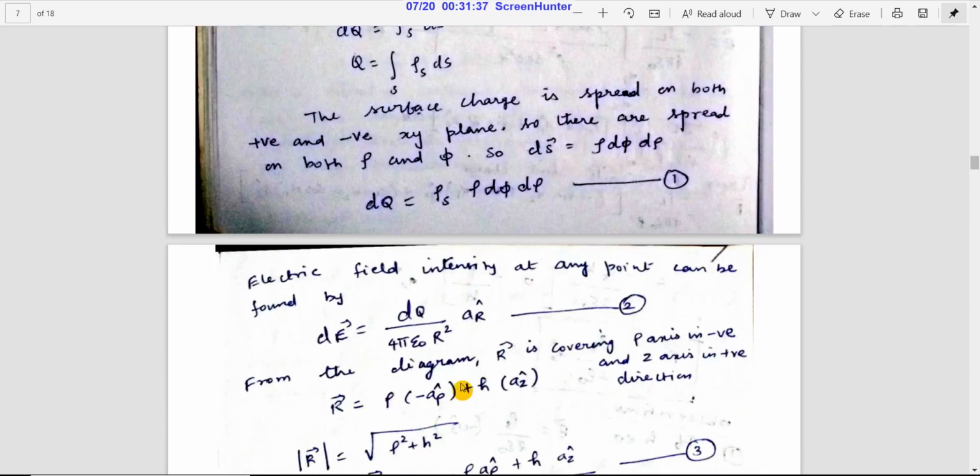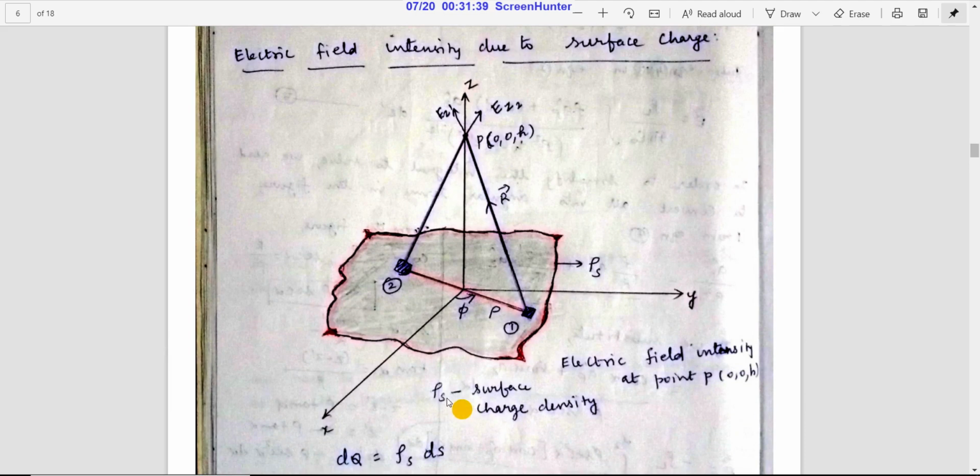Why is it minus? Just notice this particular diagram. In this sheet of charge, you can take two different points: one point on the plus xy plane, and another point on the minus xy plane.